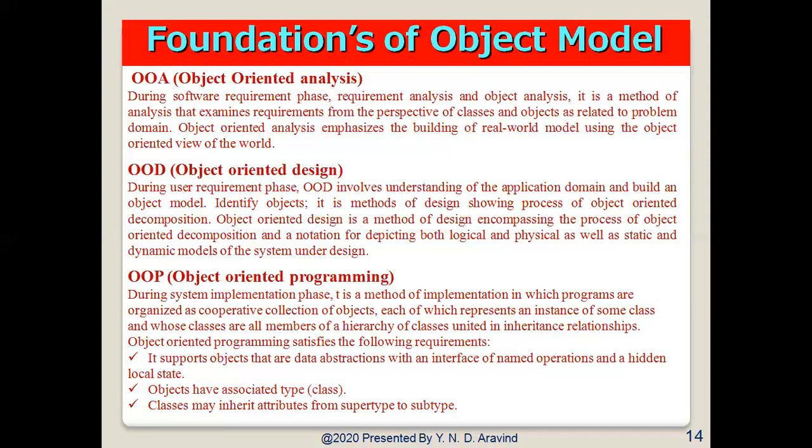So there are three important parts to this definition. Firstly, an object-oriented program uses objects, and not algorithms, as its fundamental building blocks. Second, each object is an instance of some class. Third, classes may be related to one another via inheritance relationships, that is, a hierarchy.